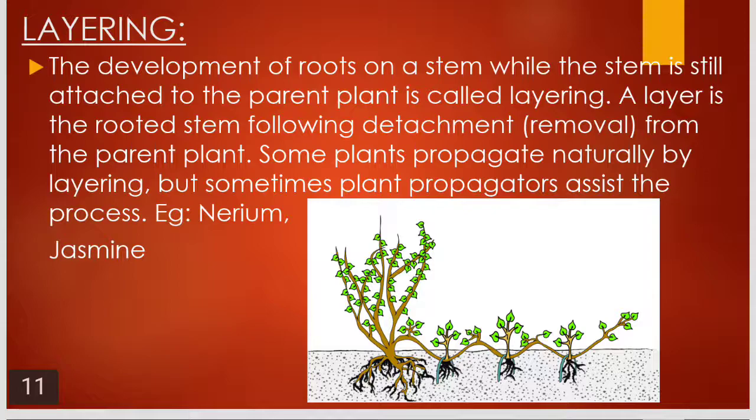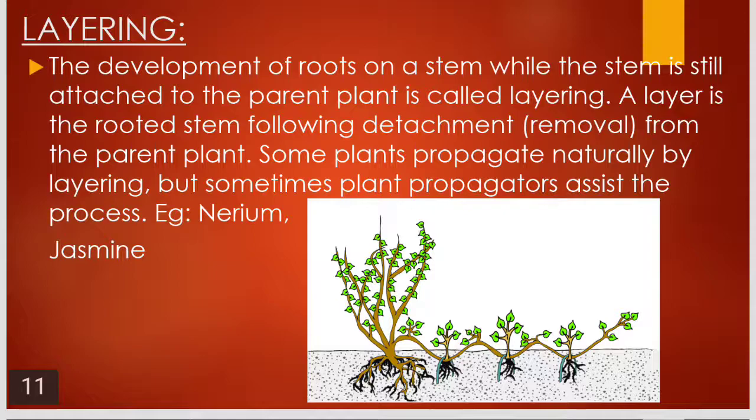Here the development of roots on a stem while the stem is attached to the parent. The stem is attached to the parent, but it is also in touch with the ground. So it will develop the new stems, while it is still attached to the parent, the stem will develop the new roots. And this is called layering. A layer is the rooted stem following detachment, removal from the parent plant.